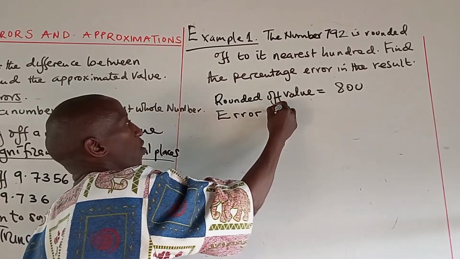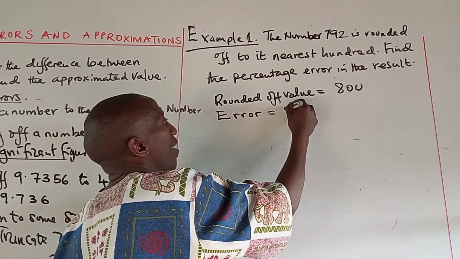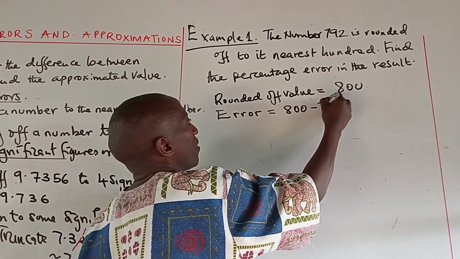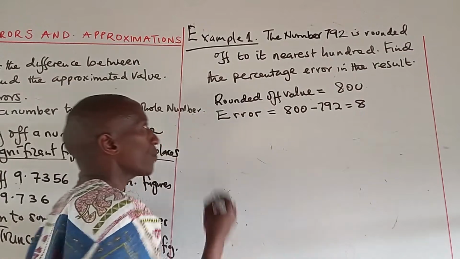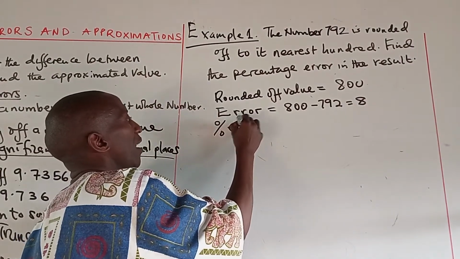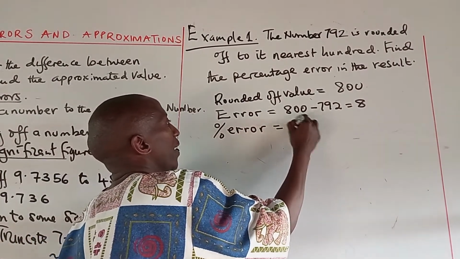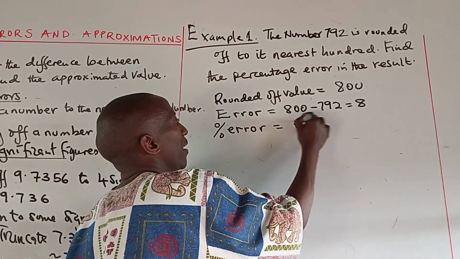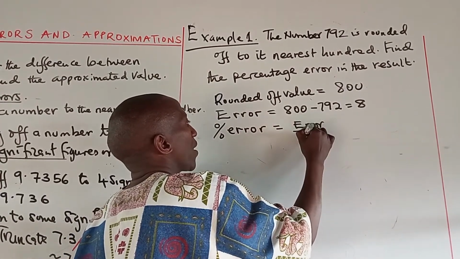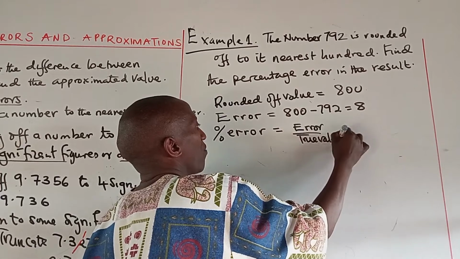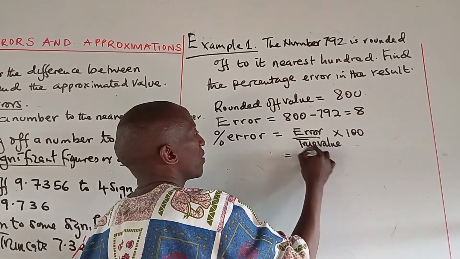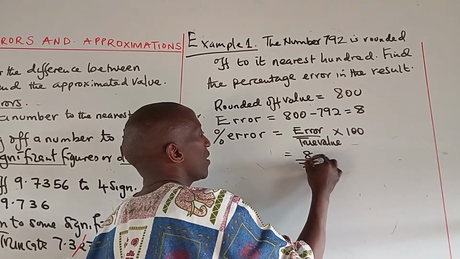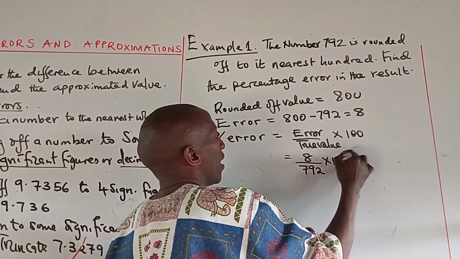The error due to rounding off will be 800 minus 792, and that gives us an 8. So the percentage error is equal to error over true value times 100. And that we are talking about 8 over 792 times 100.